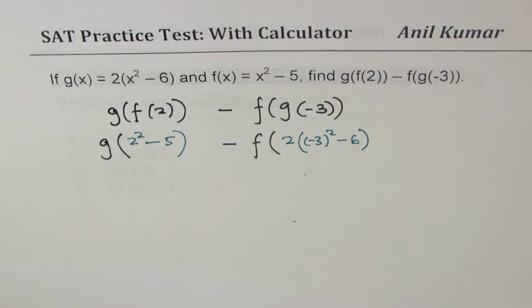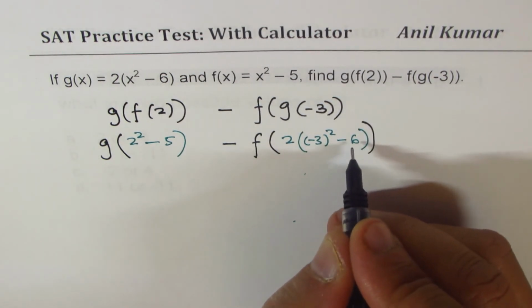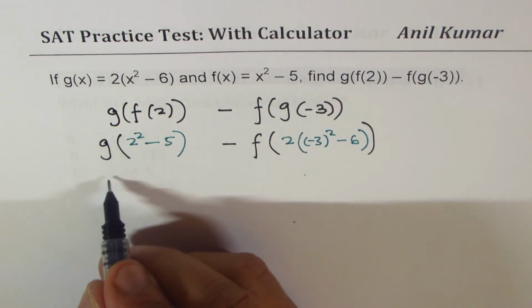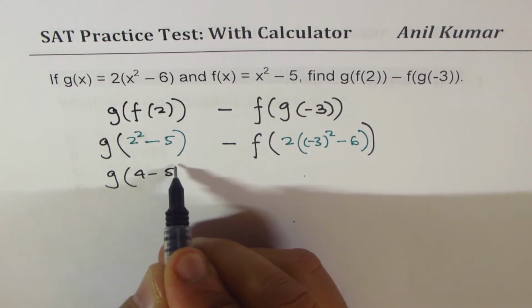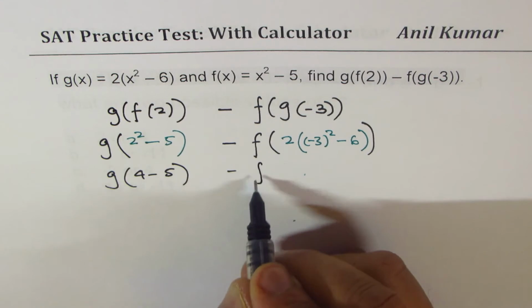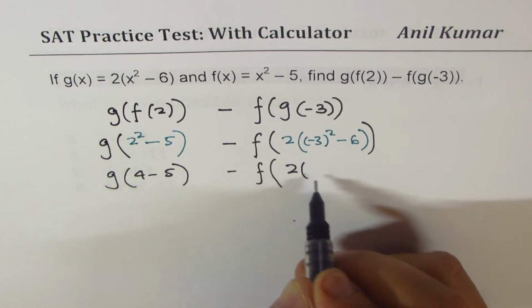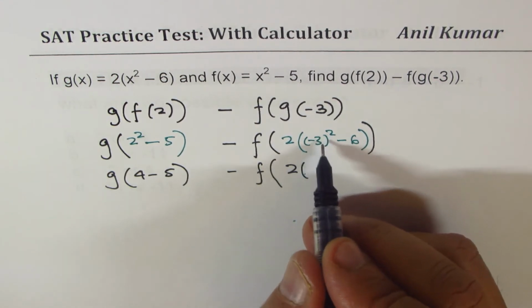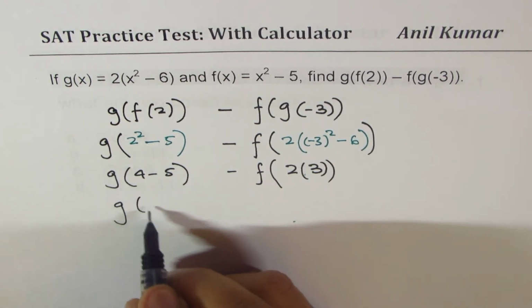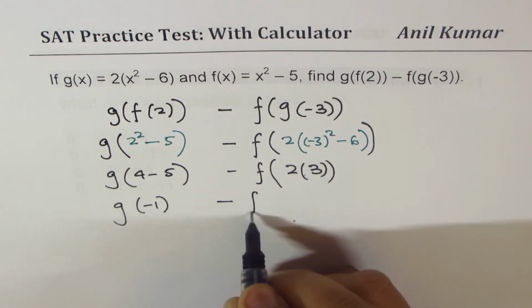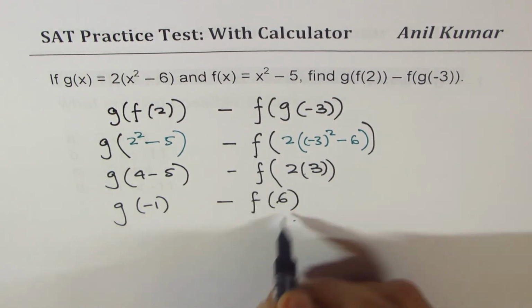Now calculator is allowed. You could use a calculator and do this yourself. So here we get 4 minus 5, minus f of 2 times 9, that is positive 9, 18 minus 6 is 12. So we get g of minus 1 minus f of 12.